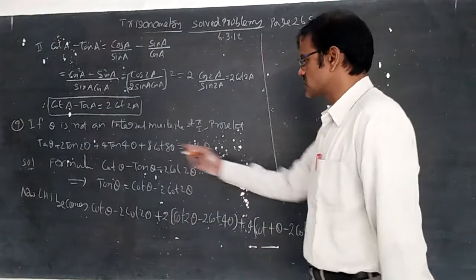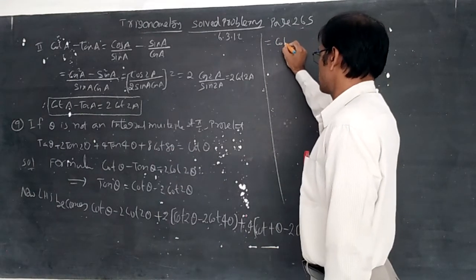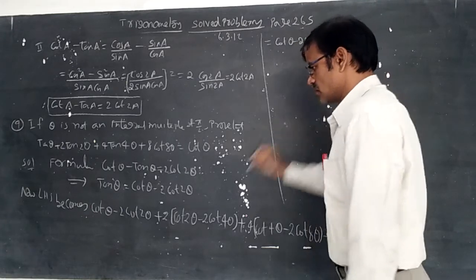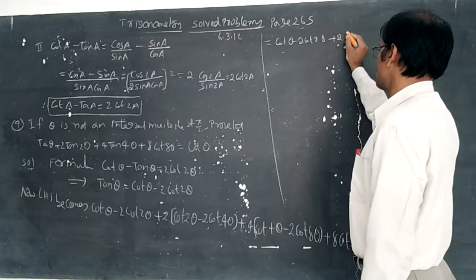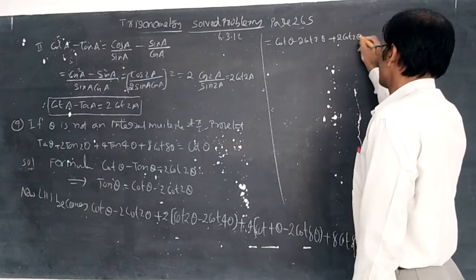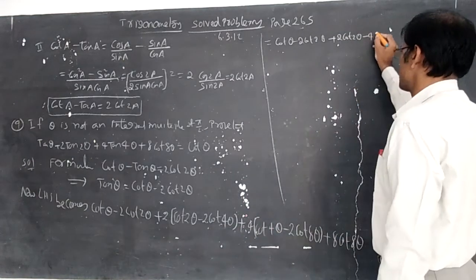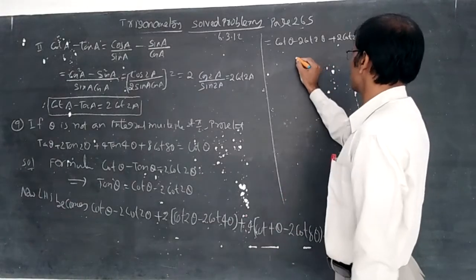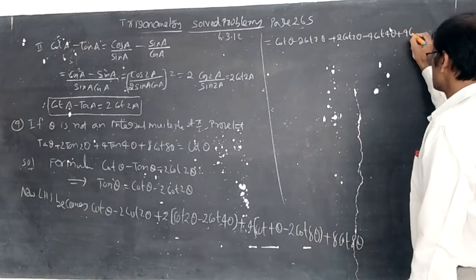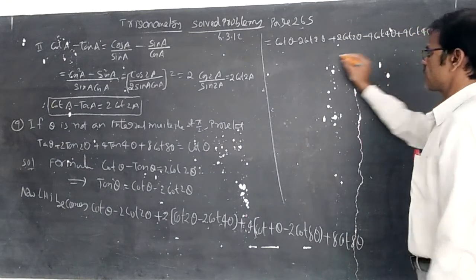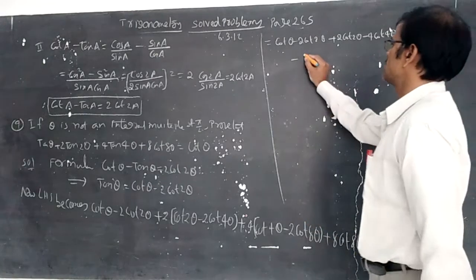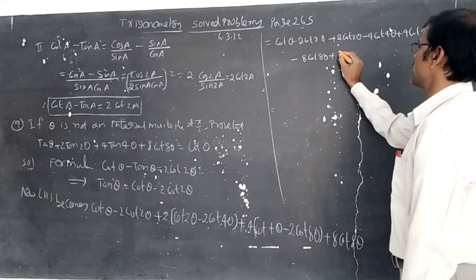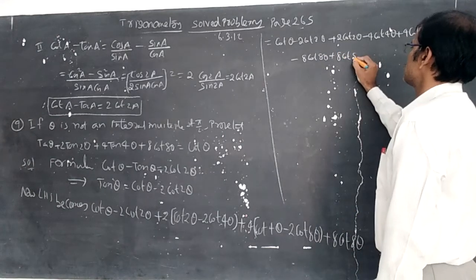Now expand all the terms. Cot theta minus 2 cot 2 theta, plus 2 cot 2 theta, minus 2 fours are 4 cot 4 theta, plus 4 cot 4 theta, minus 4 twos are 8 cot 8 theta, and at last plus 8 cot 8 theta.